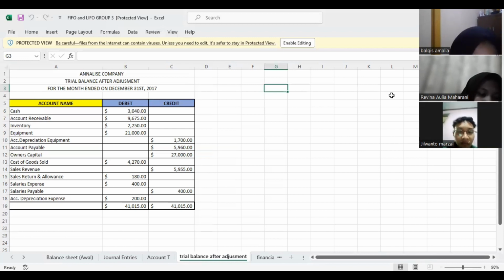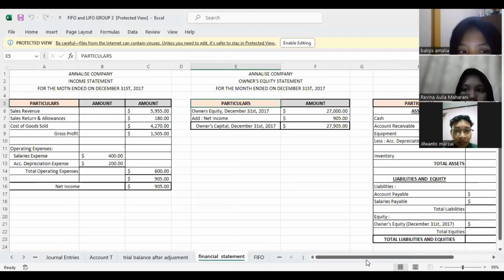And we sum up all the debit and credit, so it will be balanced at $41,015. And after that, we move on to the financial statements.